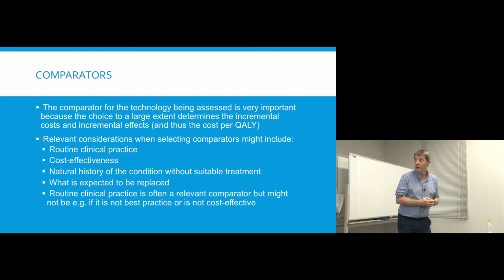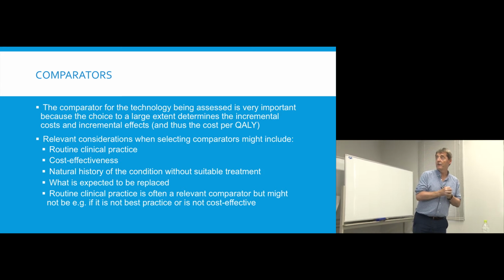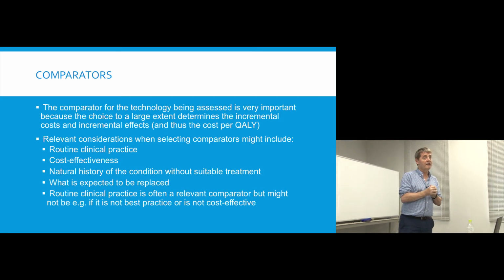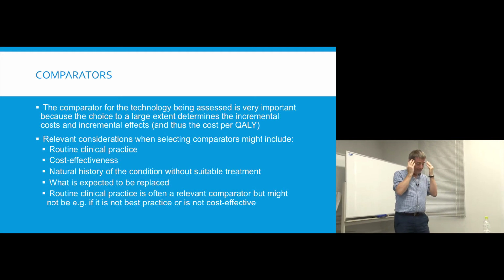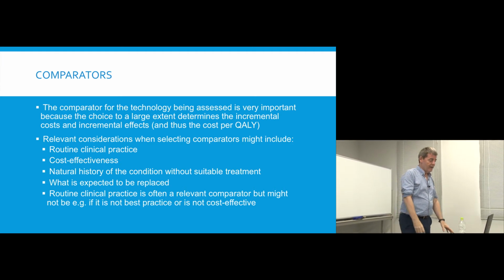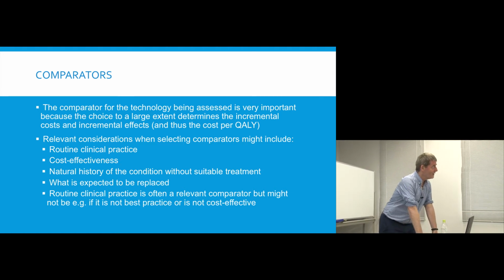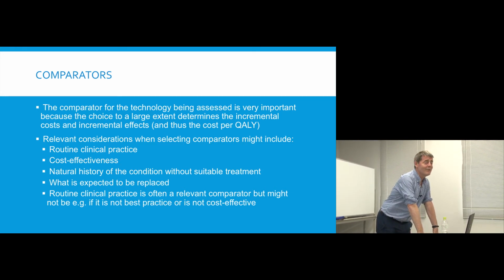So in that condition, what is routine clinical practice? Well, until recently, the routine clinical practice in England was to give a particular drug. I'm going to try and struggle to remember the name of the drug. It'll come back to me. But to give a particular drug, I think it was a 200 milligram dose.